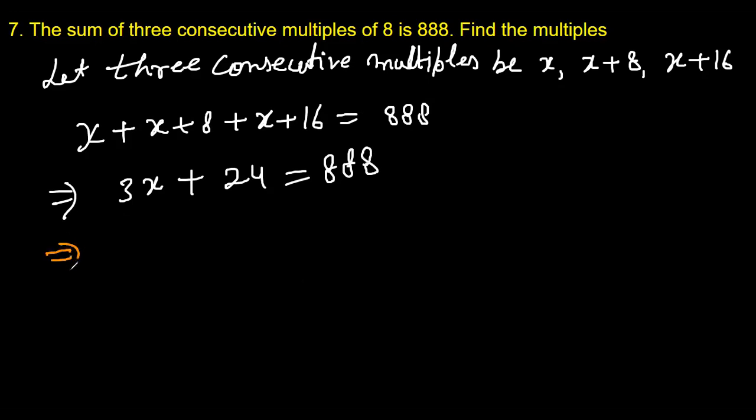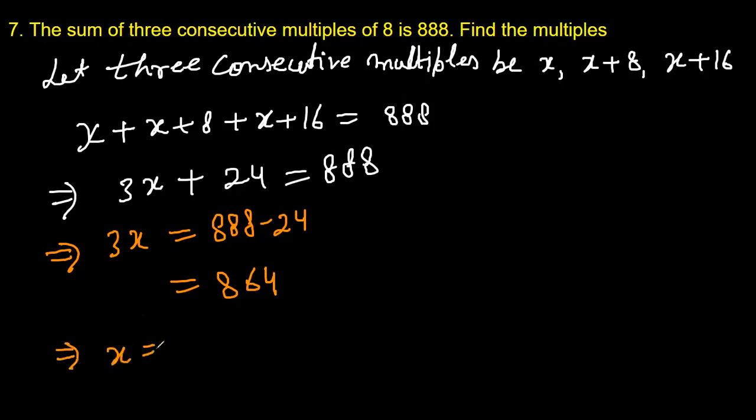This means we are getting 3x is equal to 888 minus 24. And what is 888 minus 24? This is 864. And this means your x is going to be 864 divided by 3.